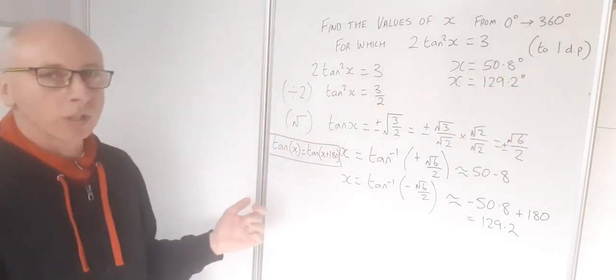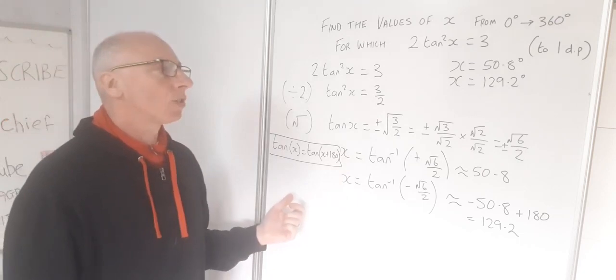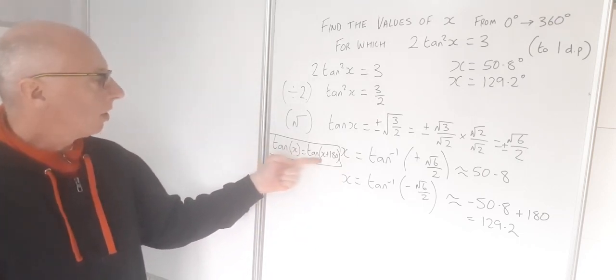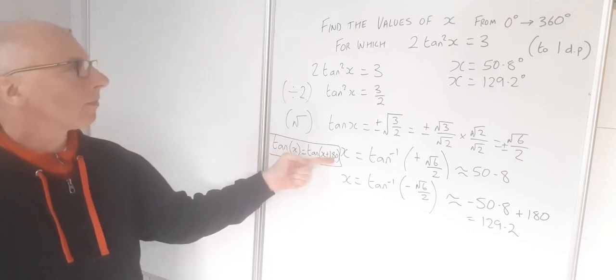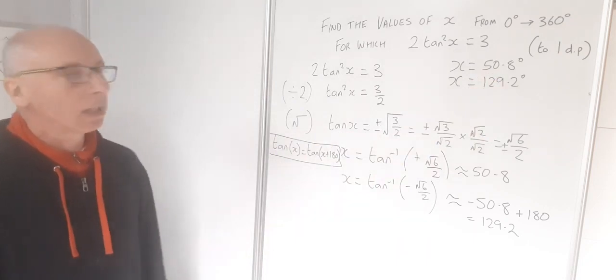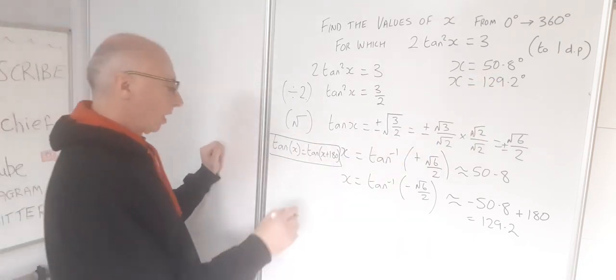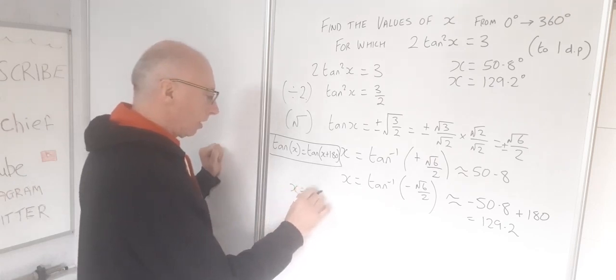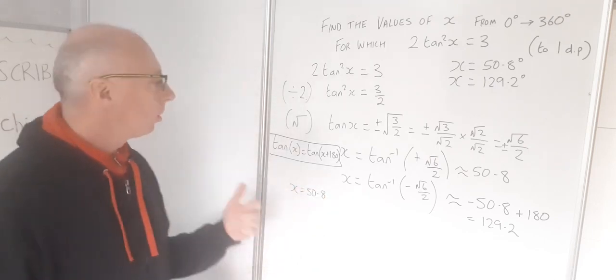So we've got 2 solutions, but we've not come to the end just yet. We've got our trig identity here. Tangent x equals tangent of x plus 180. So what we can do now, we can add 180 to both of these and get 2 more solutions. So x equals 50.8 and then add 180.